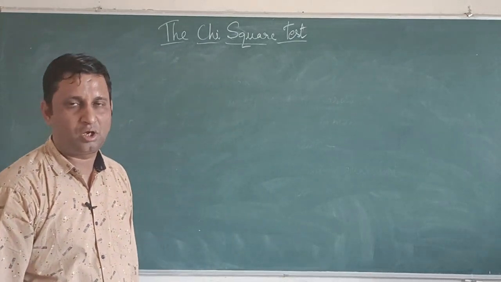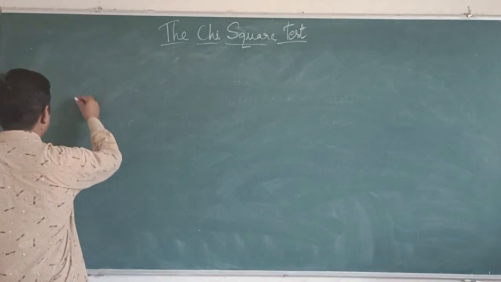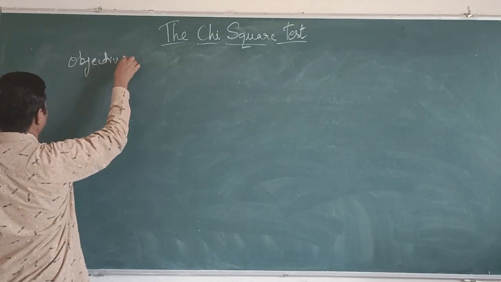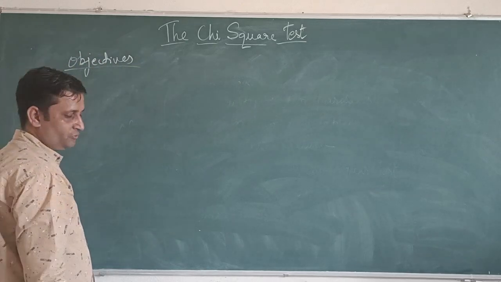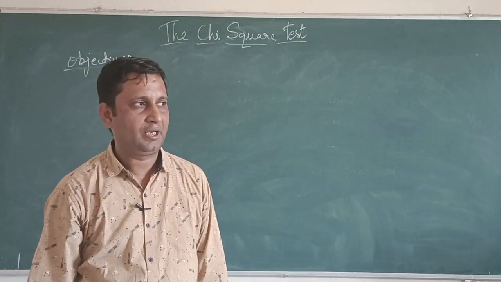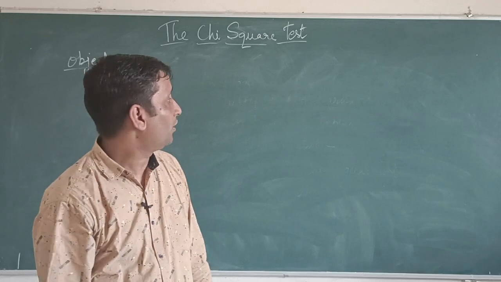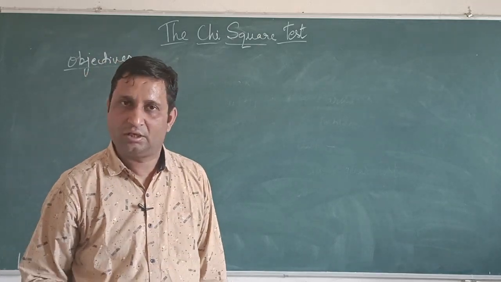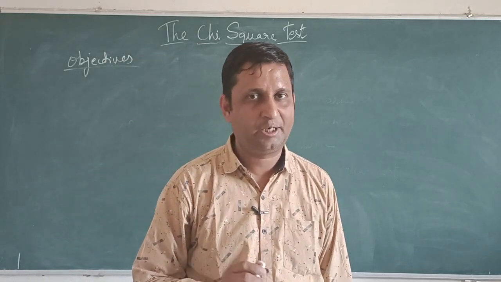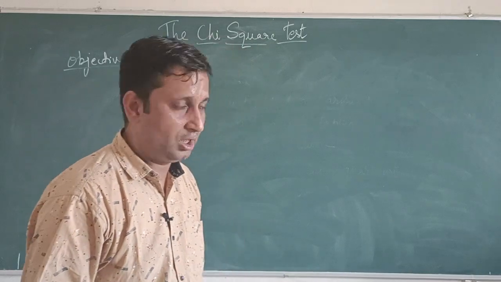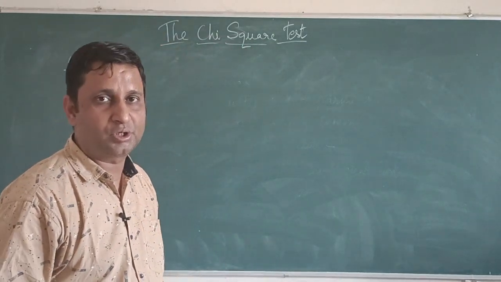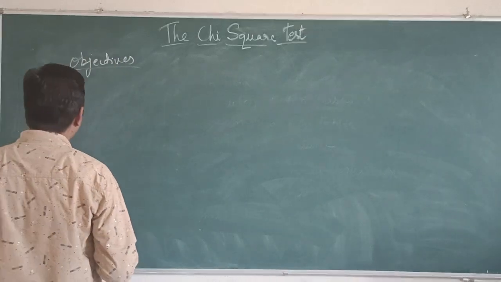Next one is called objectives. Whenever we apply any research methodology, we will require some test. The main thing is why we would take it in our research work, so there must be some objectives. For the chi-square test, there are some objectives which will be used in our research work.